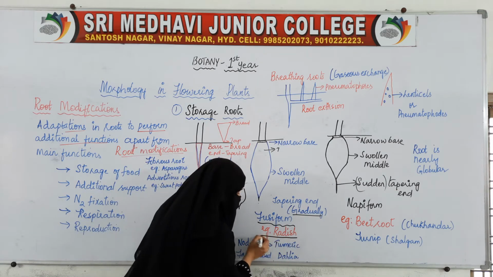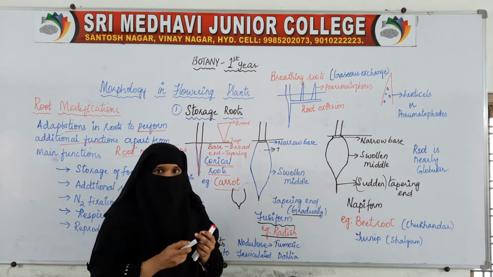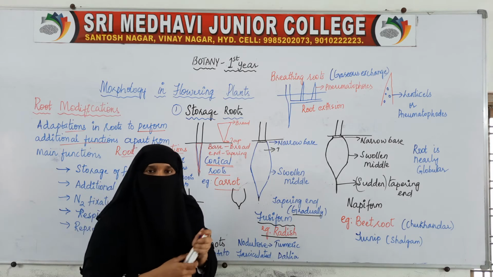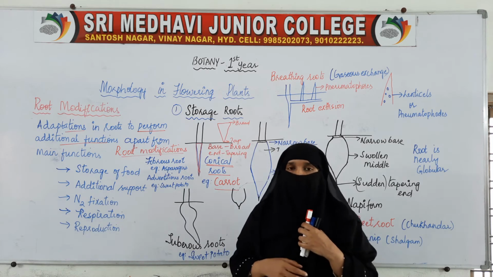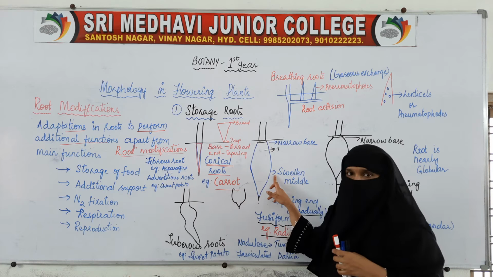An example of this we see is radish, mooli. The radish which we eat is also an example of a tap root which stores food material, and the shape is fusiform.